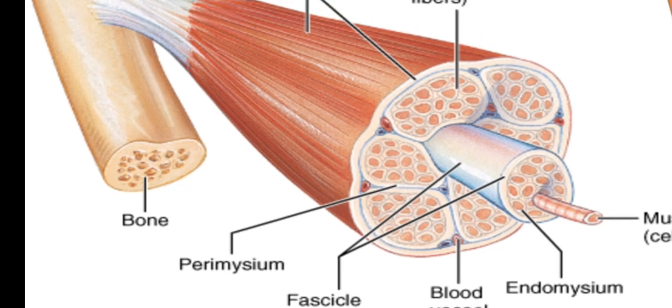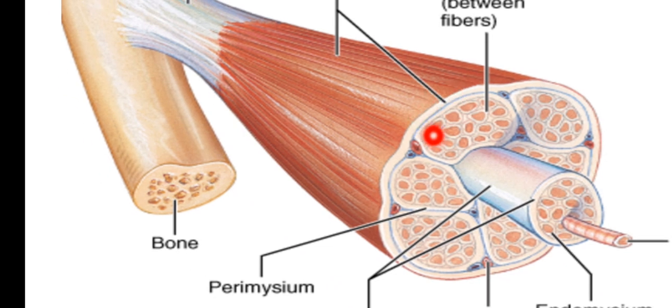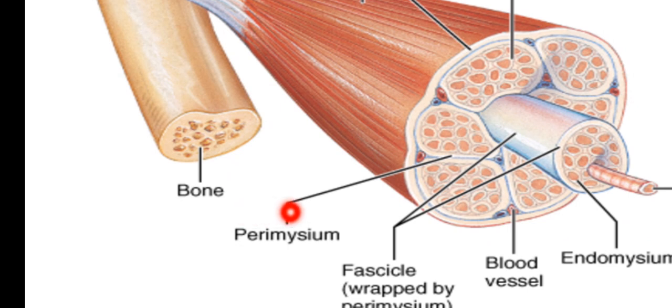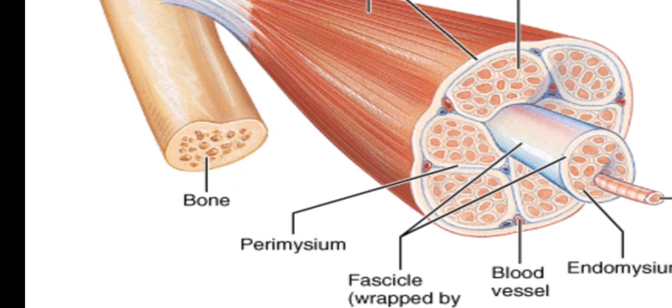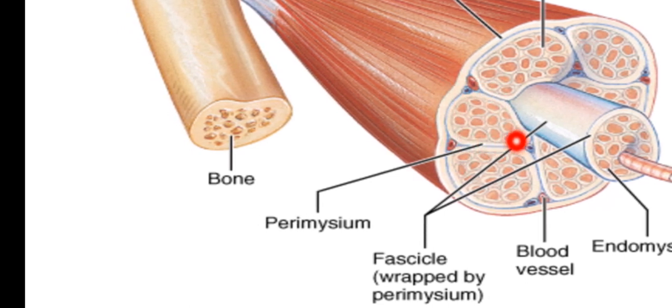We call them fascicles, muscle fascicles. Each fascicle collectively is surrounded by what we call the perimysium layer. It's also a type of connective tissue. So if this is the entire bundle of individual muscles inside, just know that what surrounds them and puts them together is what we call the perimysium.